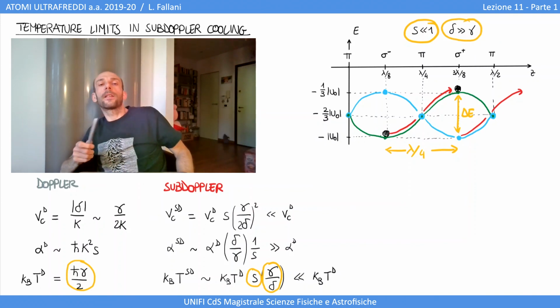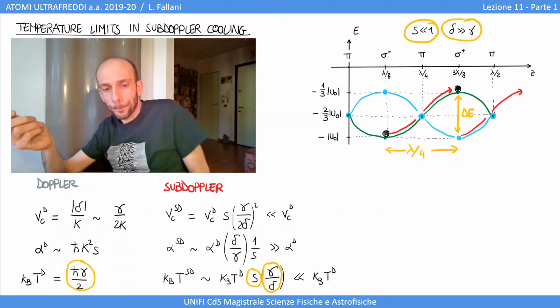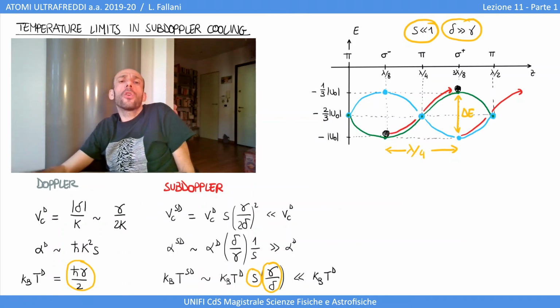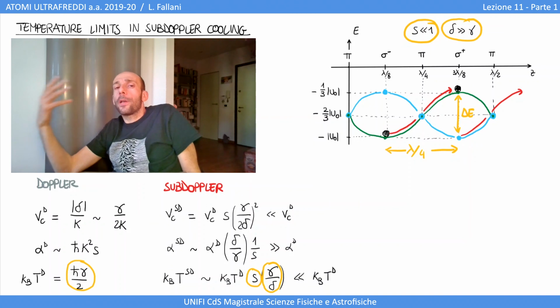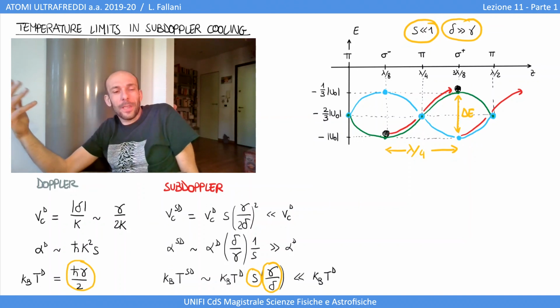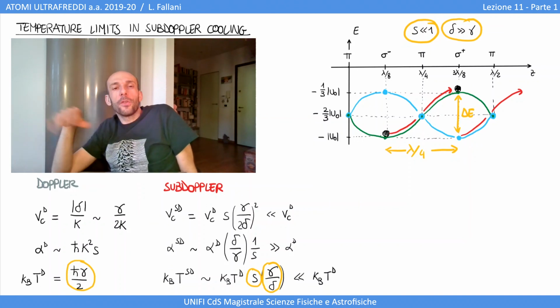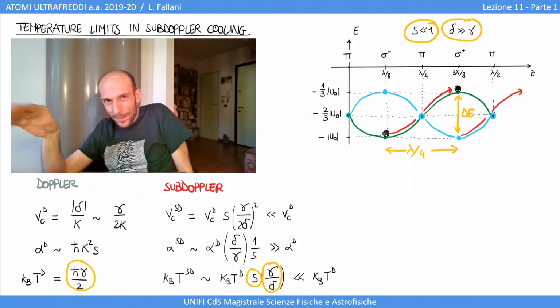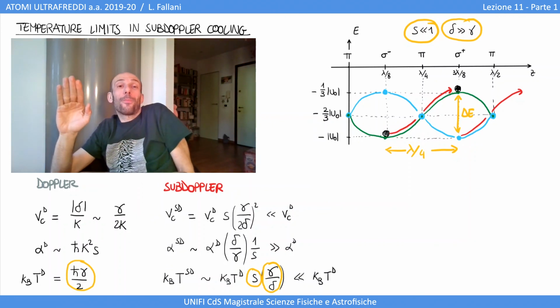And so from these expressions, it seems that you don't have a lower limit for the subdoppler temperature. It seems that you increase your detuning, so you decrease the saturation parameter.